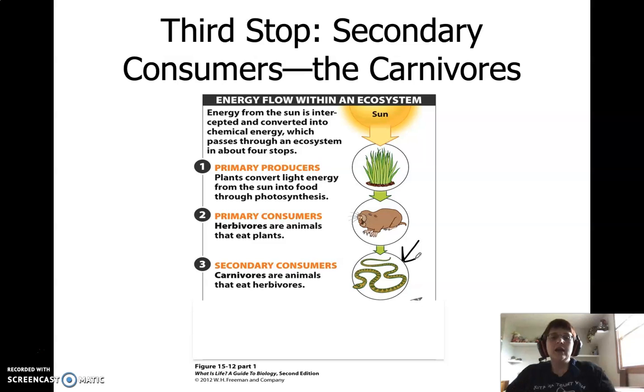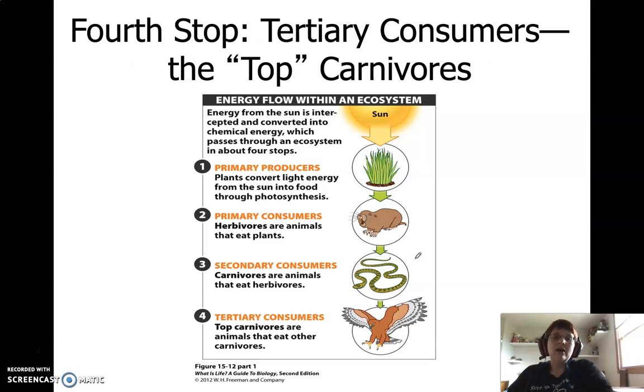Now, in a lot of ecosystems, we're going to have sometimes a fourth level, and that is what we call tertiary consumers, third level consumers, and these would be our top carnivores. These are carnivores that eat carnivores. We usually don't go much farther than this, and we'll talk about why that is here in a little bit. But in this case, we've got our hawk. Our hawk is going to come down and eat that snake, and then we're at the end.